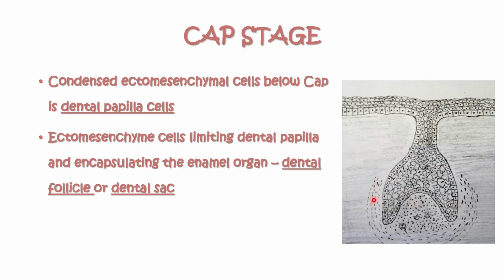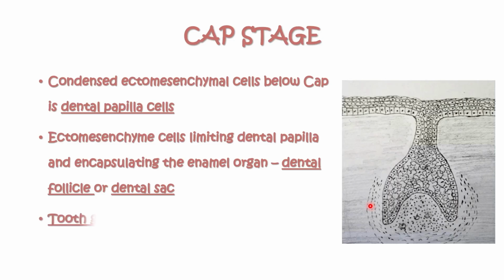That is known as the dental follicle. So this is the dental follicle, and this is the dental papilla. The dental papilla cells will later differentiate and contribute to the formation of dentine and pulp, and the dental follicle cells help in the formation of the supporting tissues of the tooth, including alveolar bone, periodontal ligament, and cementum.